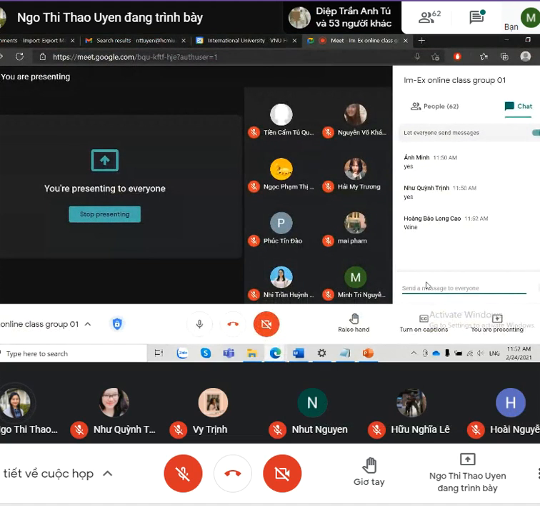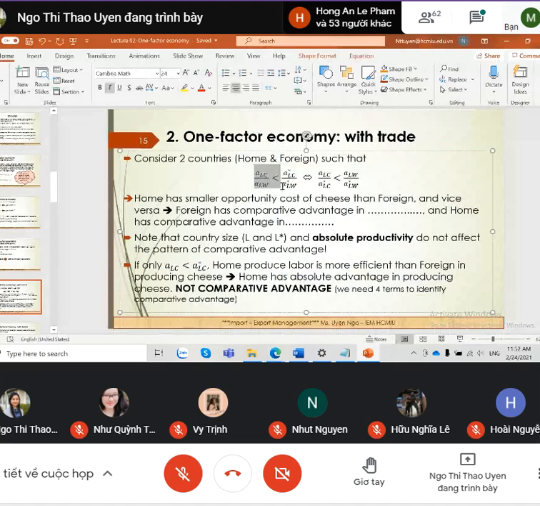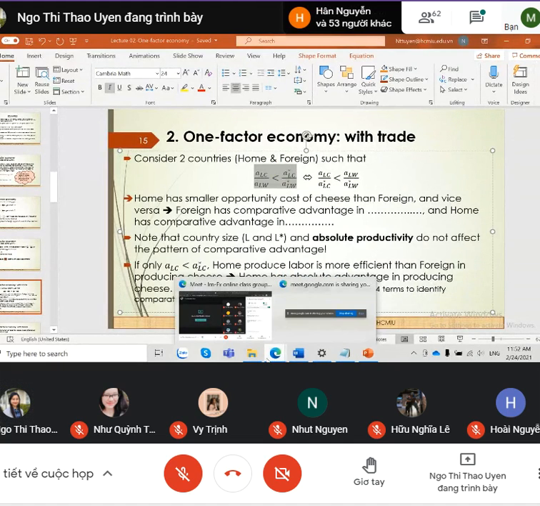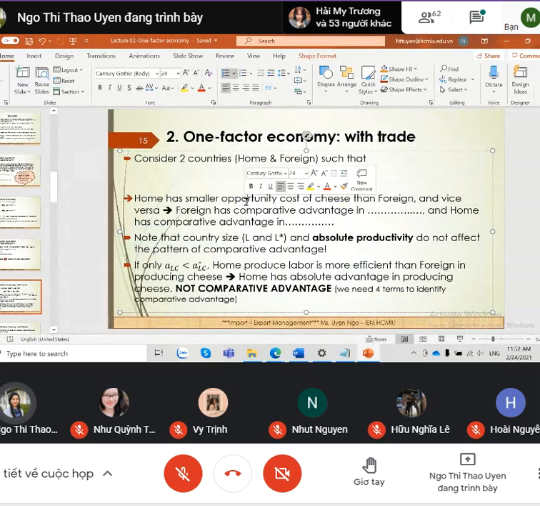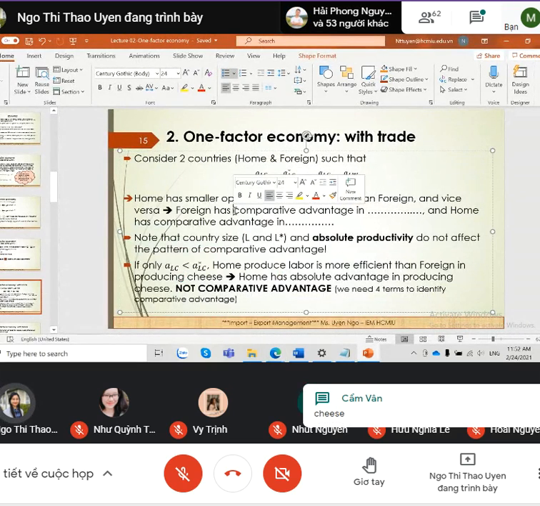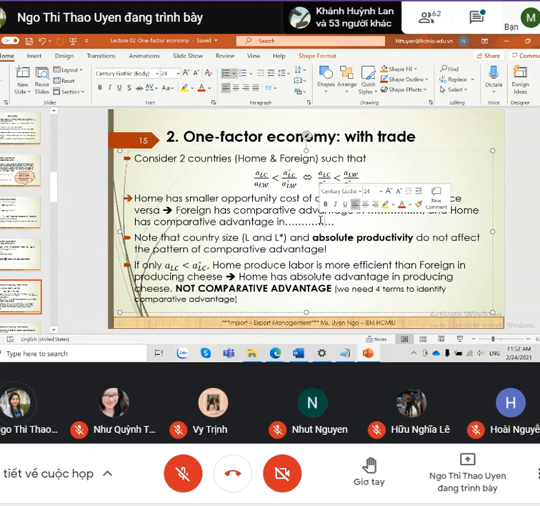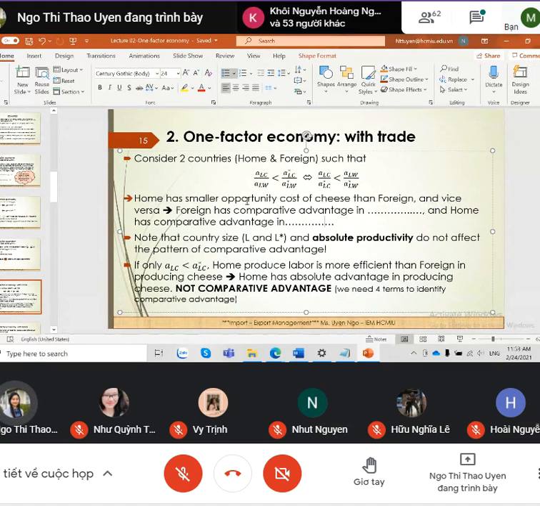Other ideas? Remember at the beginning of the lecture we talked about opportunity cost and comparative advantage. The country that has comparative advantage in producing something is the country that has higher opportunity cost or lower?